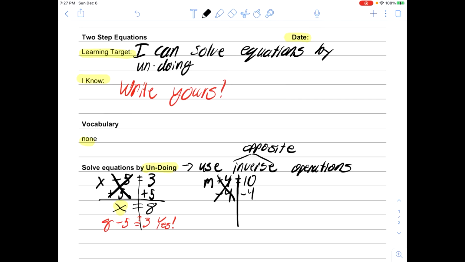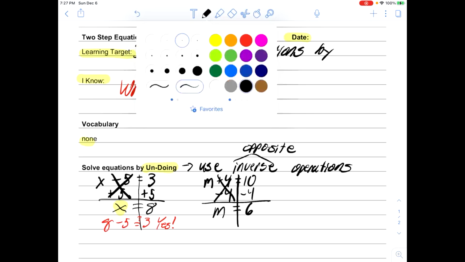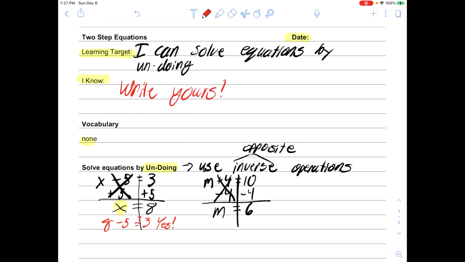Adding and subtracting cancel out, and I'm left with m equals 10 minus 4 is 6, and I can check this. If I put 6 where the m was, I want to know, does 6 plus 4, does that equal 10? Well, yes, it does. So the solution works.